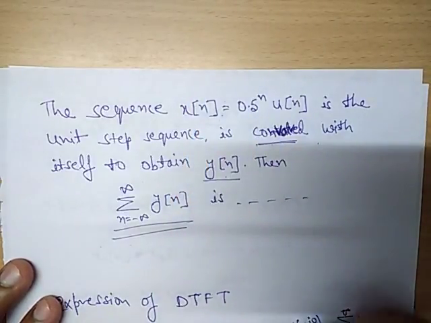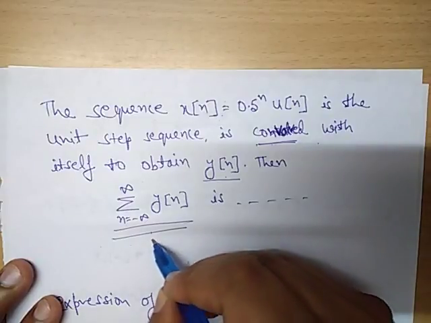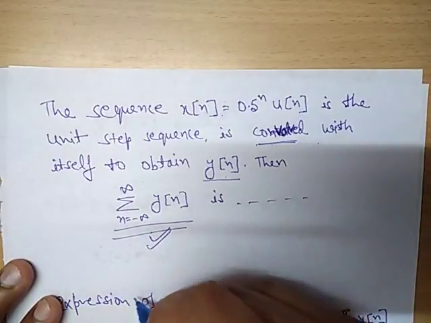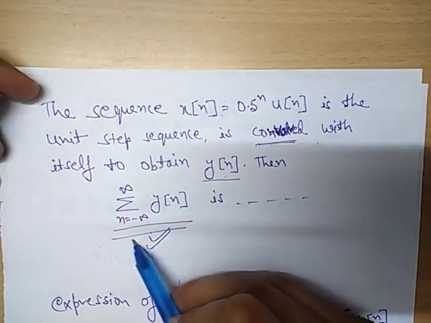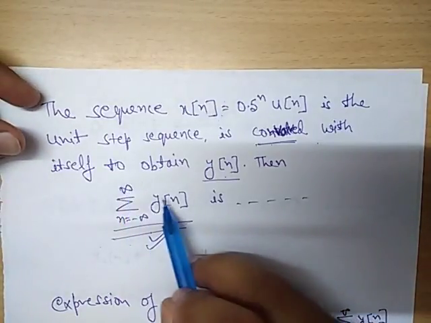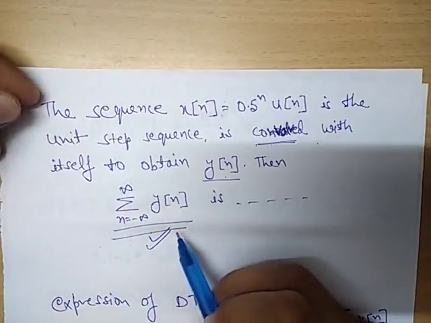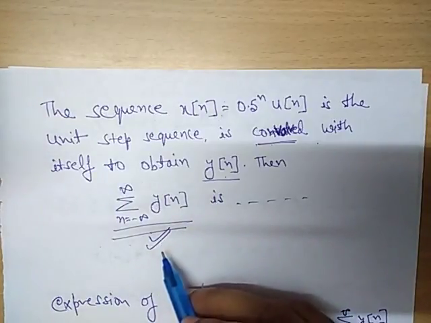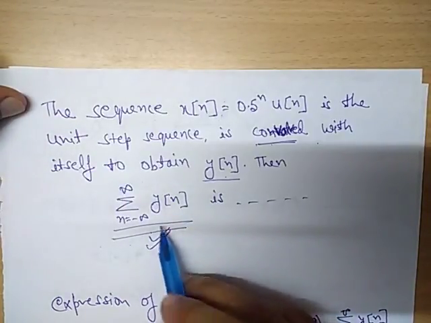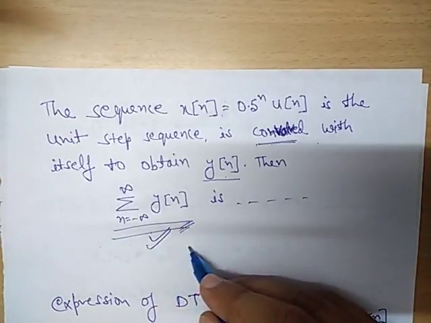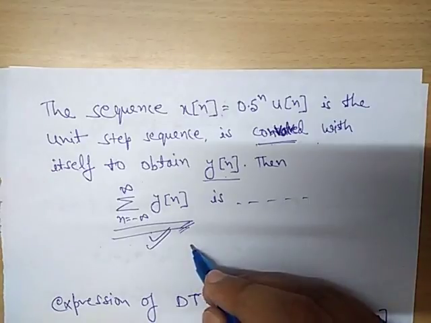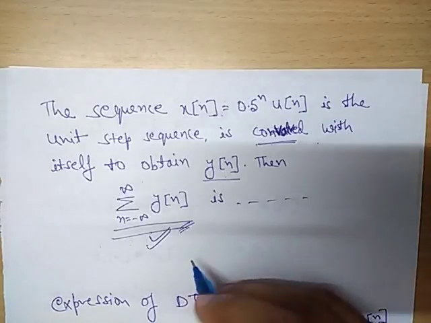Okay, fine. If this type of question is asked in the exam, where we have to find the summation from minus infinity to infinity of some sequence, we must think that this type of relation is used in the Z transform or the discrete time Fourier transform, the well-known expression that you know. Let us see the expression first.